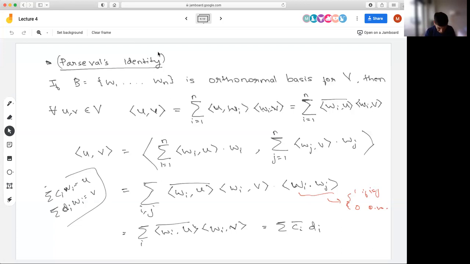But then what Parseval's identity tells us is that no matter what inner product your application needs, find an orthonormal basis and then you can be pretty much back to coordinate inner products. Okay? So you can do whatever manipulations you are familiar with, just find the right orthonormal basis.